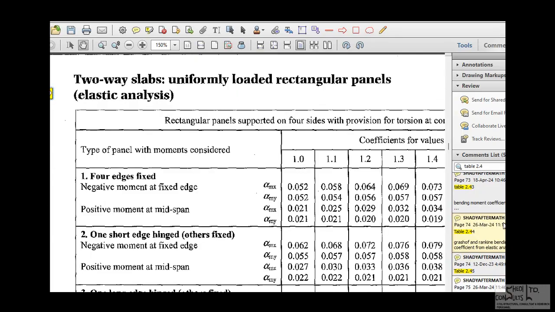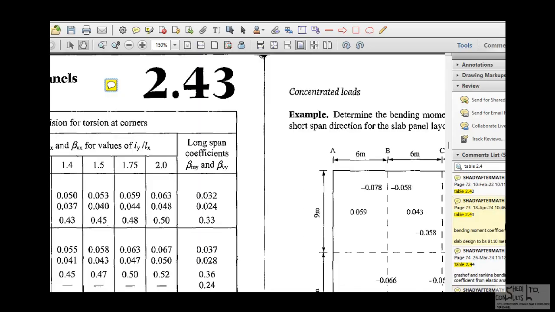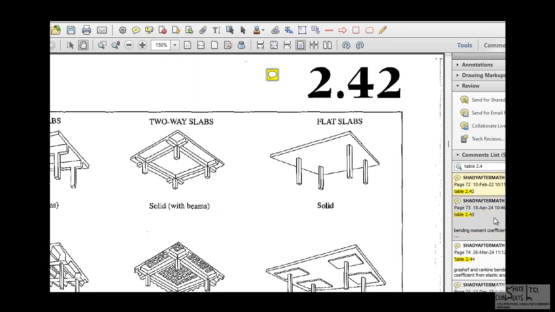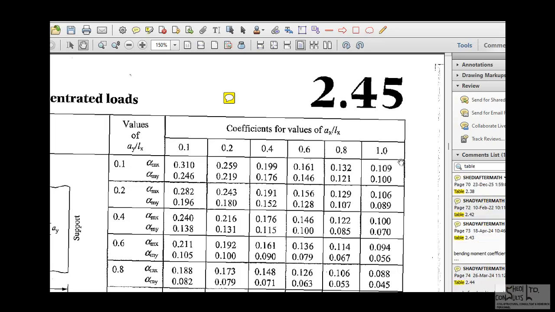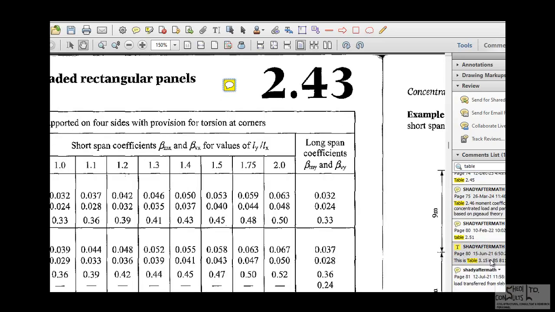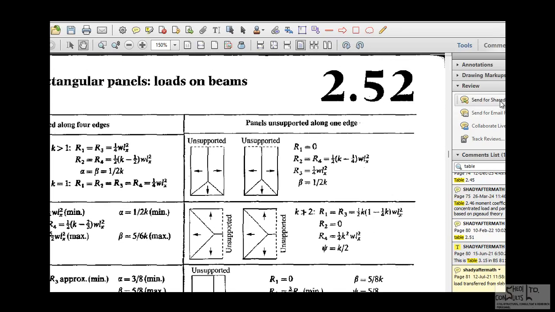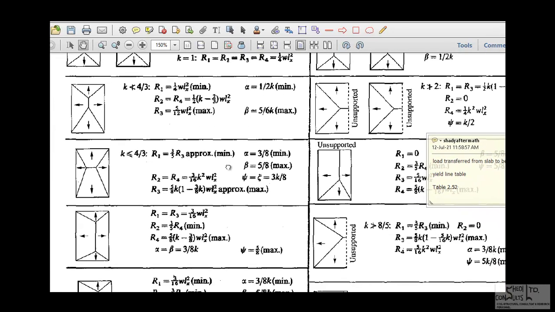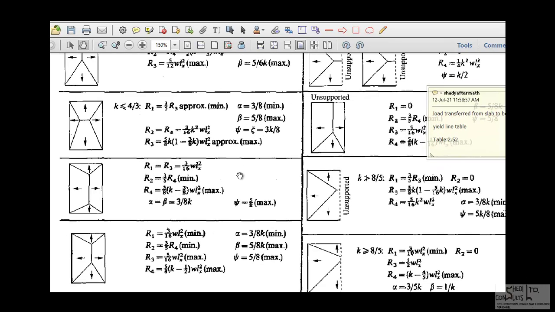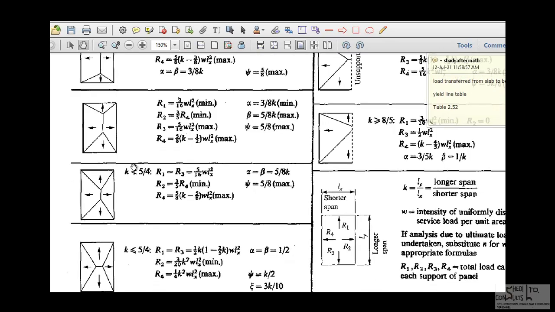Now, the code has carefully provided the various yield line patterns. Right, so the designer's manual has provided the various yield line patterns that would occur on two-way spanning slabs, which will provide information on the loadings that will be transferred to the boundary beams.